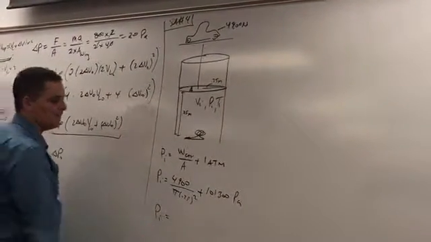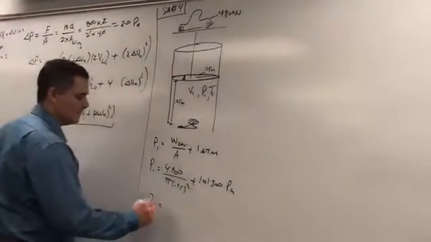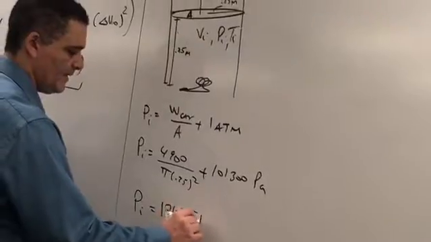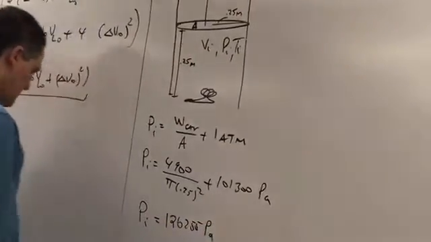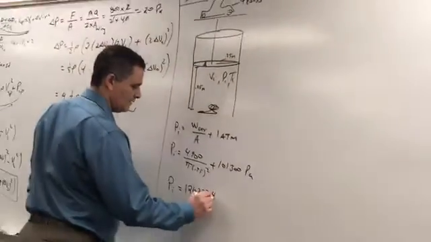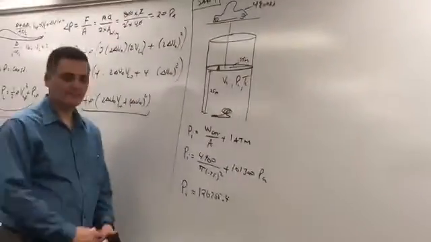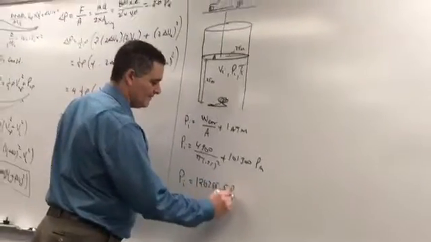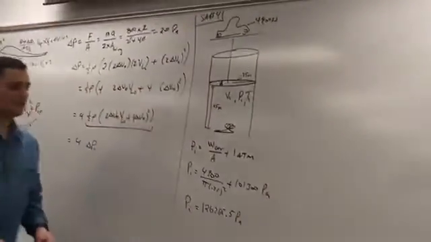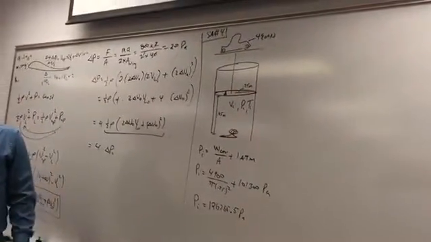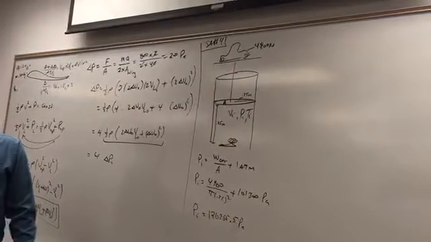Okay, so what did this end up being? 126,255 Pascal. Okay. Is there a reason why you went to so many decimal places? And no one ever explained sig figs to you? They did.